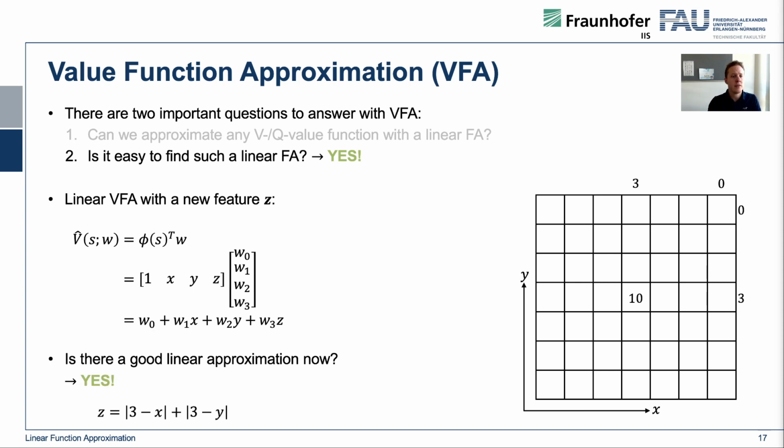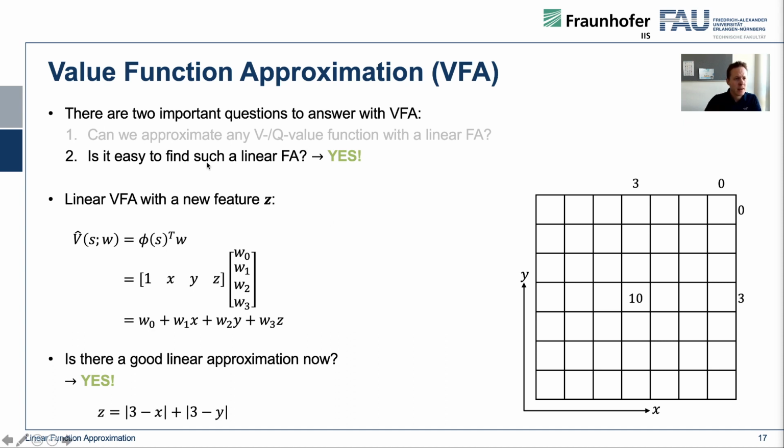And indeed, yes, you can. You define z to be the origin, the actual saddle point of your value function. If you derive z with this formula through the original state space, you can define a linear value function, a set of parameters w that approximates your value function.